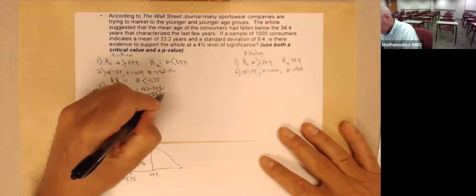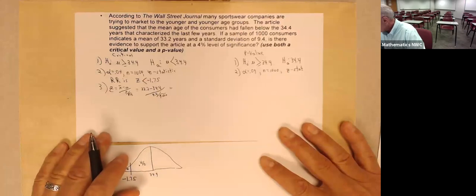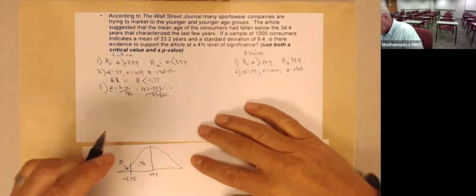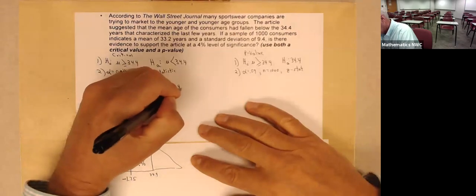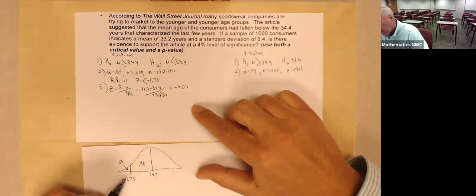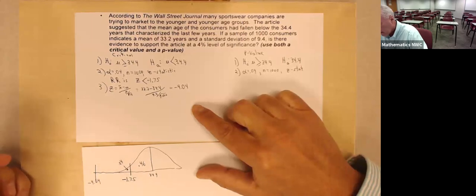Divided by the square root of a pretty large sample. Turns out that Z-score is a negative 4.04. That is off the chart. That didn't just go past this line in the sand. The negative 4.04 is way over here.